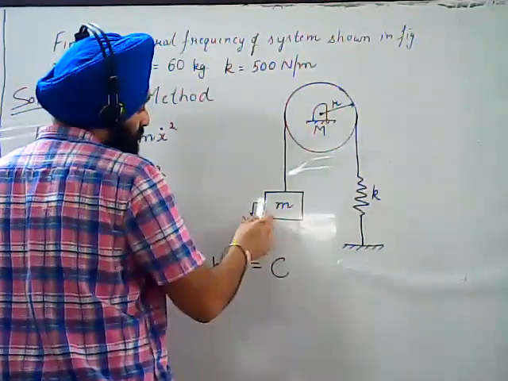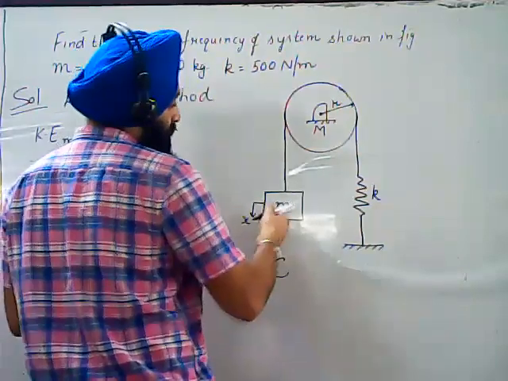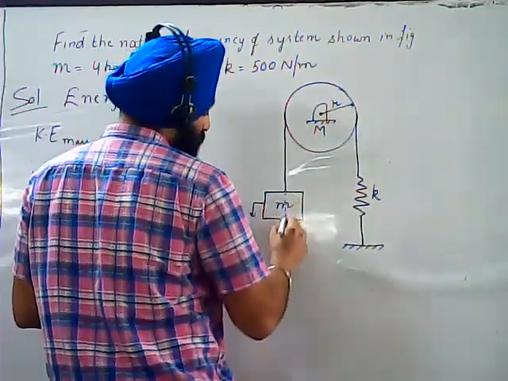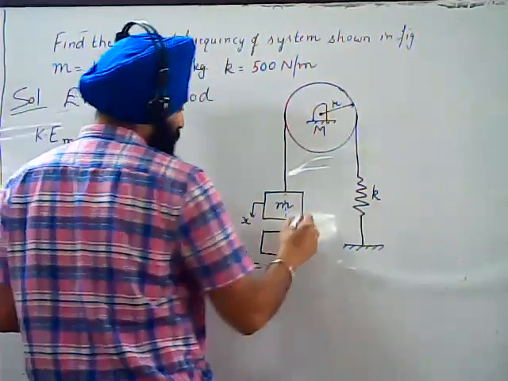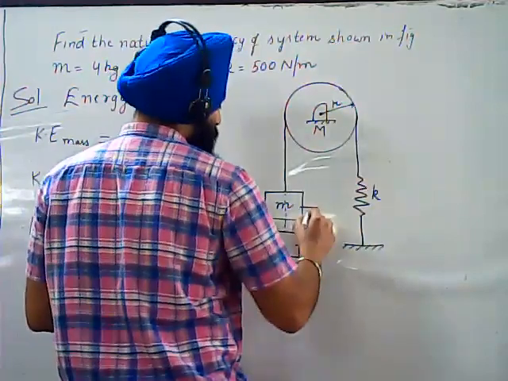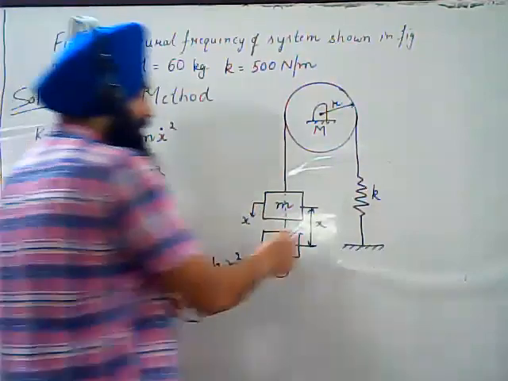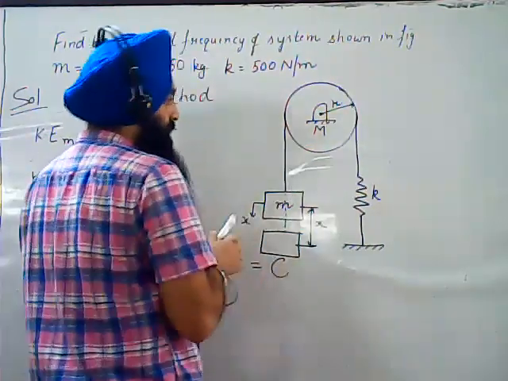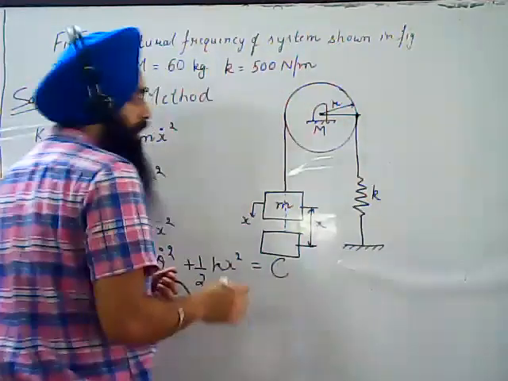When the mass is displaced through a distance x, initially the mass is at this point, and it is moved through a distance x. Let this be the initial point.